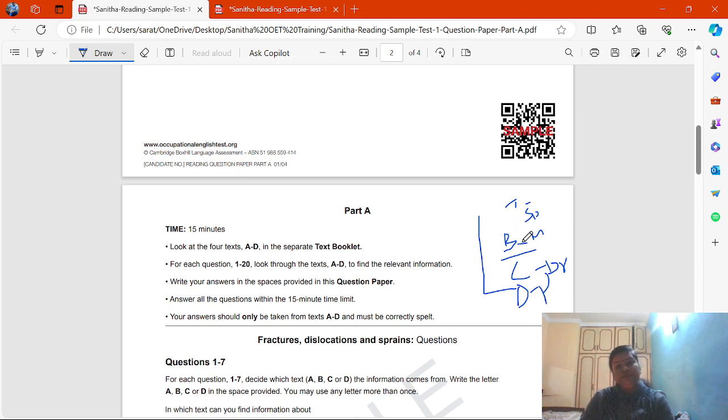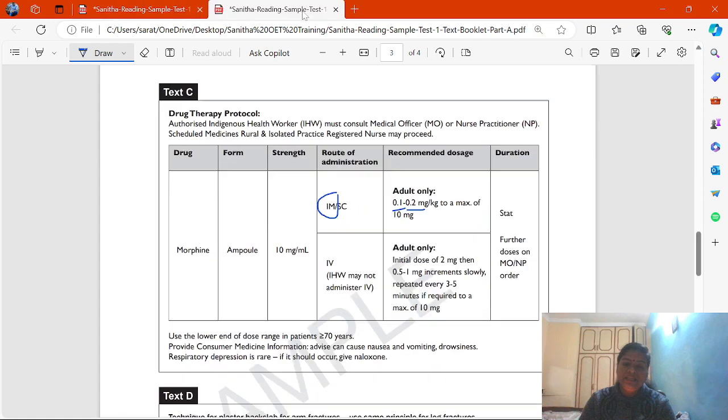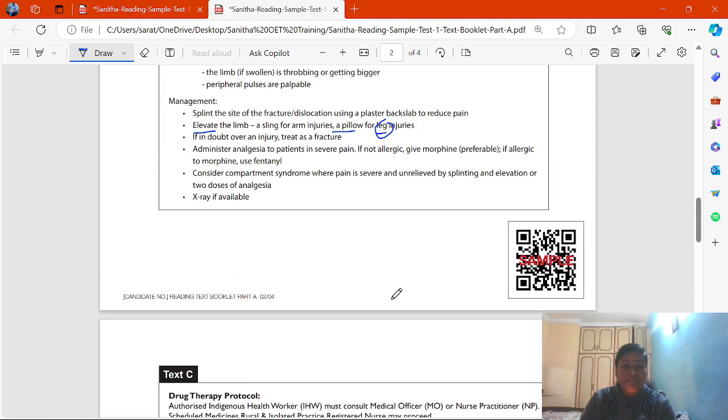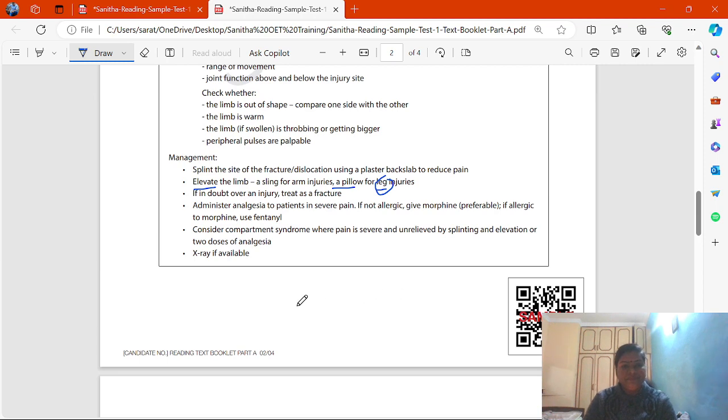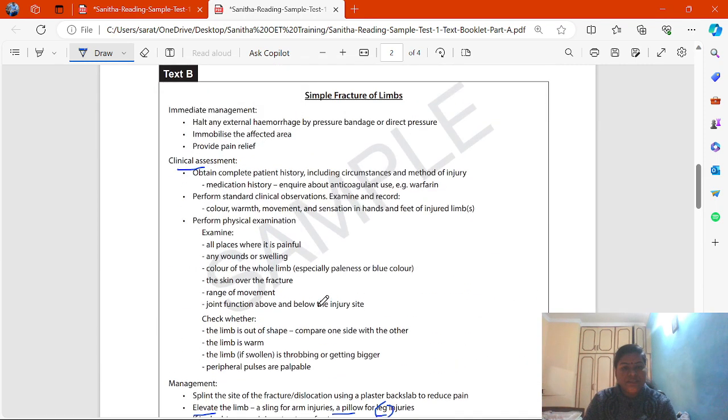So first we will go to management, then after that we will go to plaster, D. Which part of a limb needs extra padding? We will check it here. We'll do the skimming and scanning.